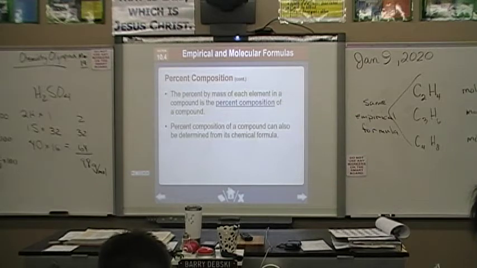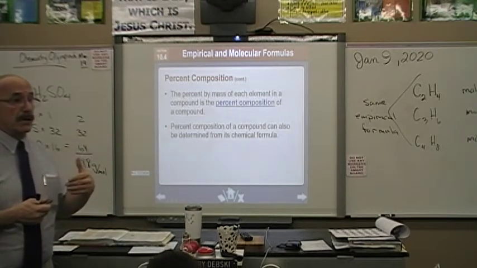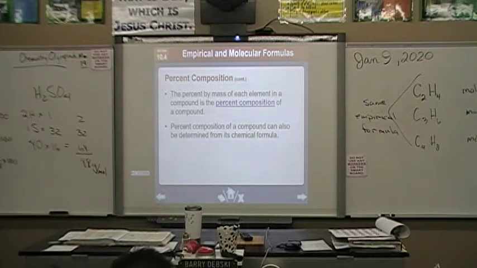Now, when you get your final answers, I don't always recommend rounding them off to the whole place. You can leave some decimals there. The check on your answer is that all 3 of these need to add up to 100%. So check your answers. If you've done too much rounding off, they won't add up to 100%.